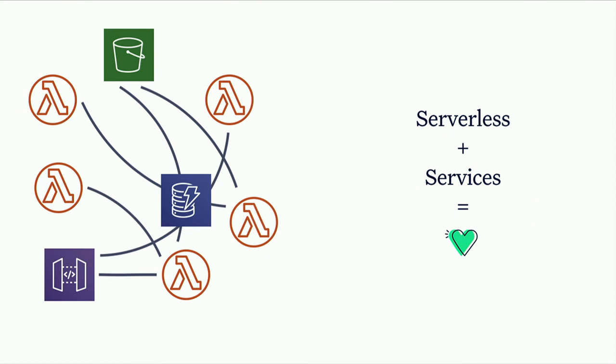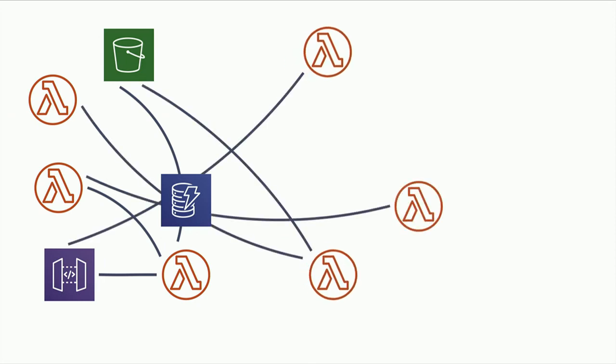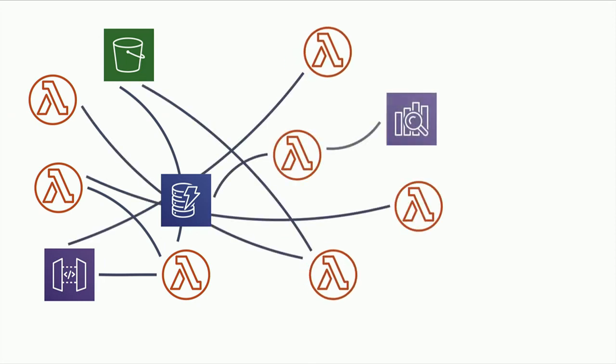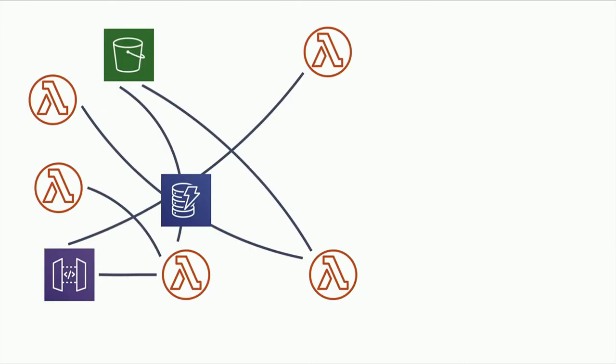In general, I think serverless functions and additional services are quite a good mix for your app. It's pretty cool what you can do with that. One really nice advantage of using serverless functions is that you are able to easily attach new functions to your app.